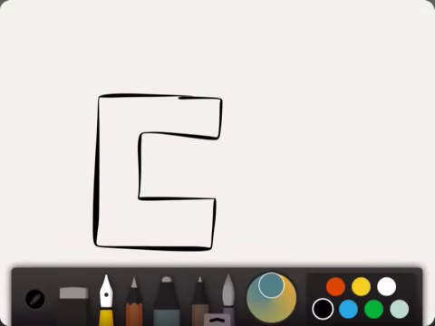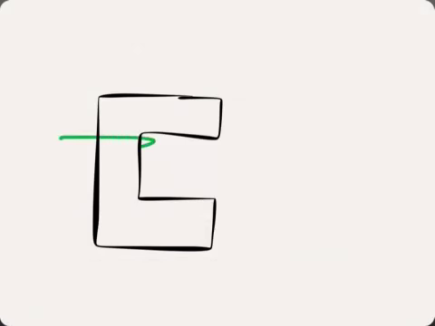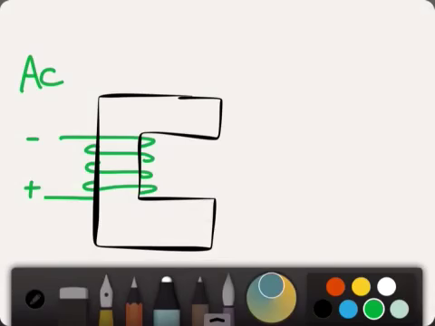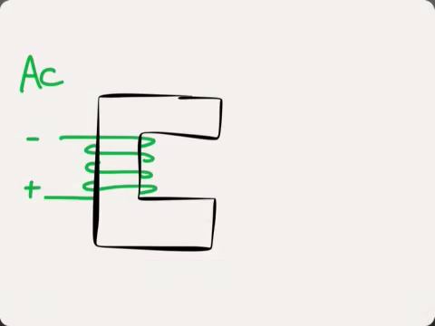Now, working out the change in voltage is a really simple relationship. The side going in, we will call the primary. The side coming out, we will call the secondary. The coils we will call N. So this side is NP, the number of coils on the primary.